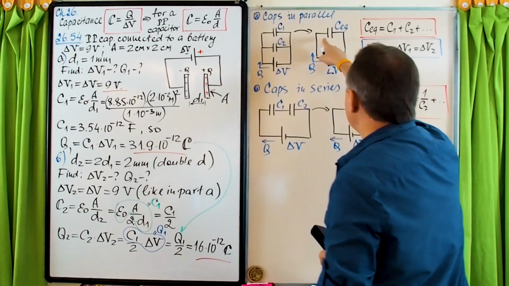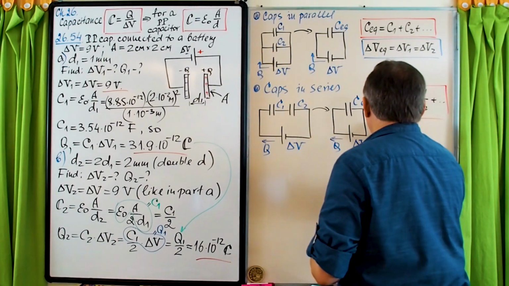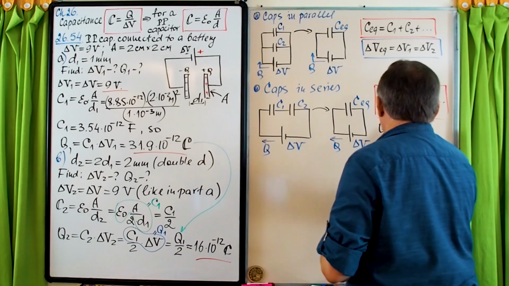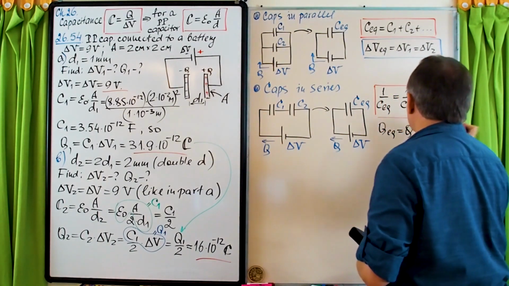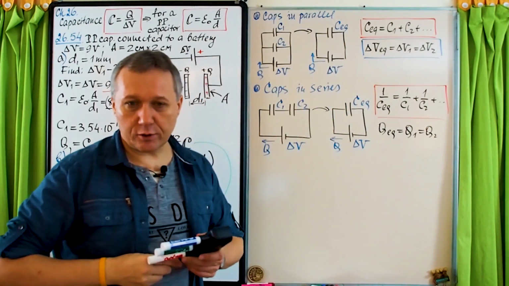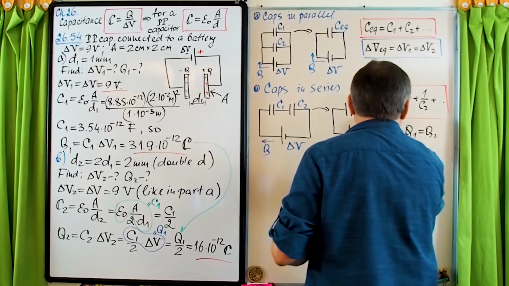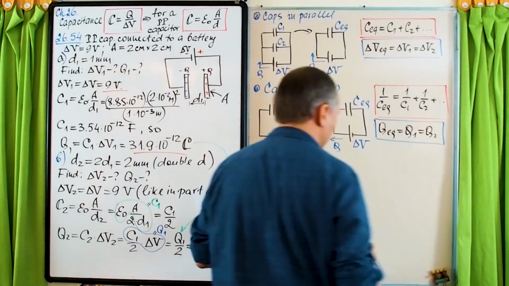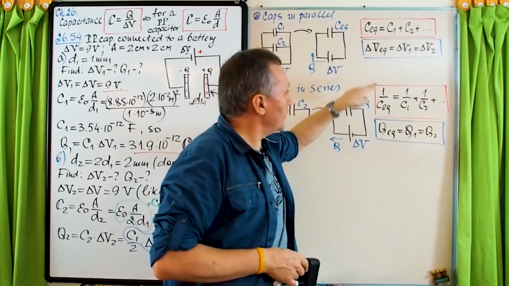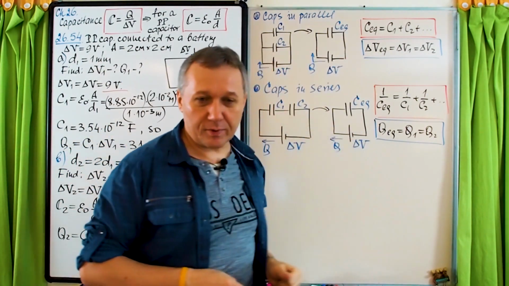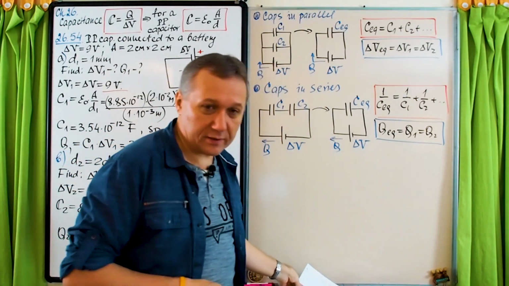So in case of a series, Q equivalent equals Q1 equals Q2 and so on, if you have more than 2 capacitors connected in series. Right. Okay, so that's what we need. These formulas and these important pieces of physics, because you will see in a second how these can be used.